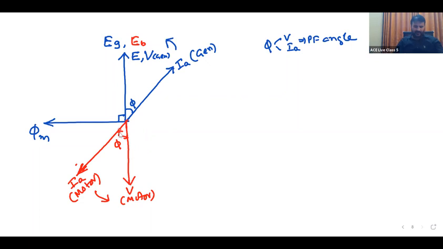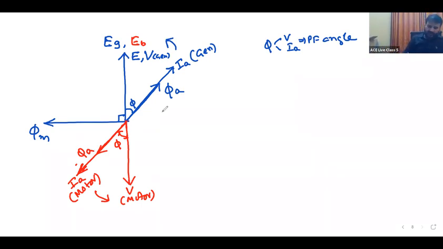Lagging power factor. Both are lagging. So in the two cases of lagging power factor, the armature current is in exactly the opposite direction. And when the armature current is in the opposite direction, the flux will be in phase with the armature flux. This is phi A, and this is phi A for the motor.